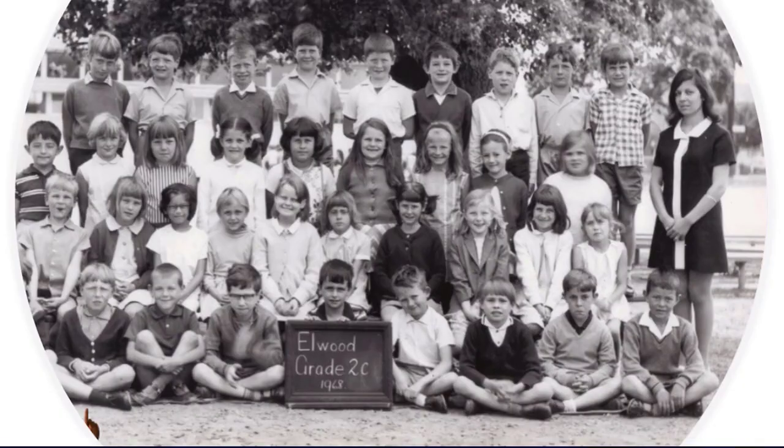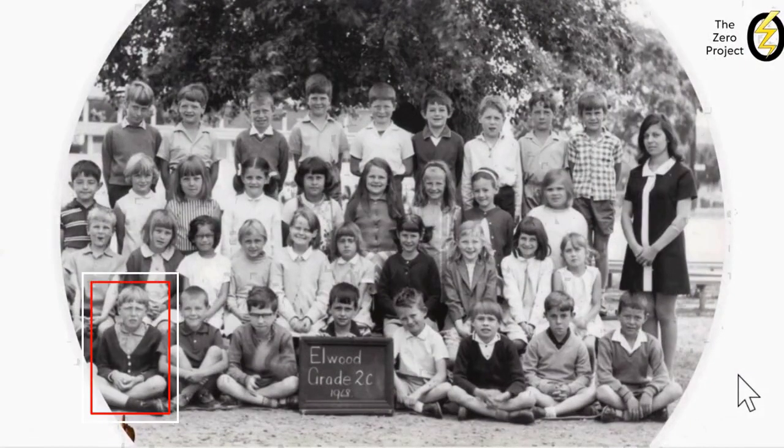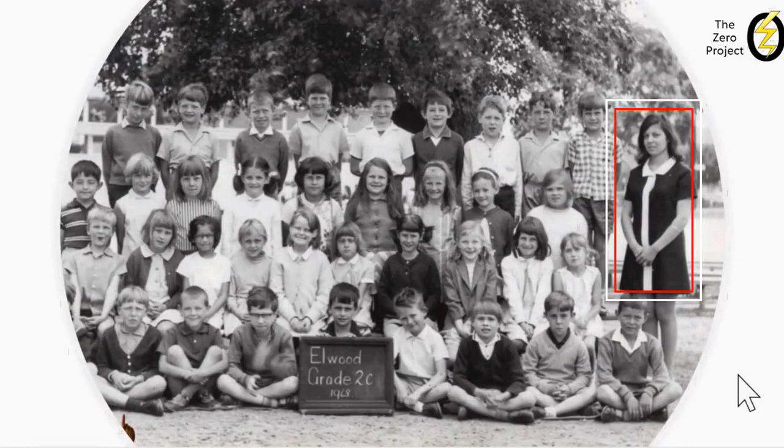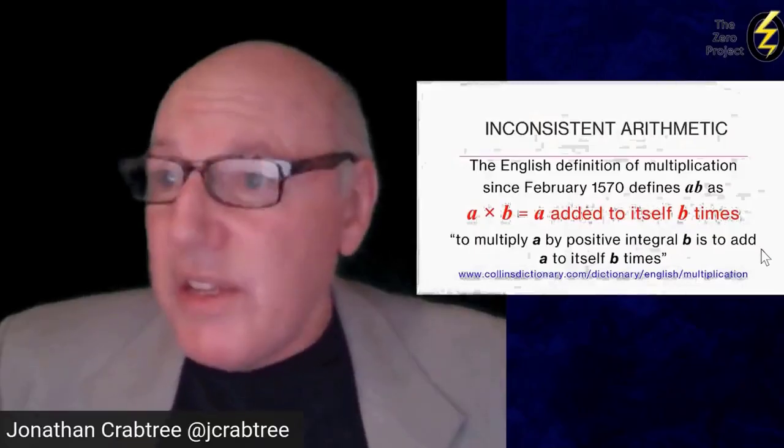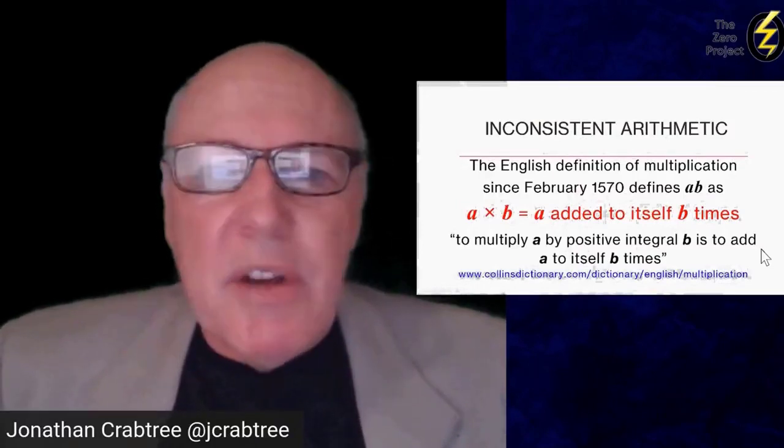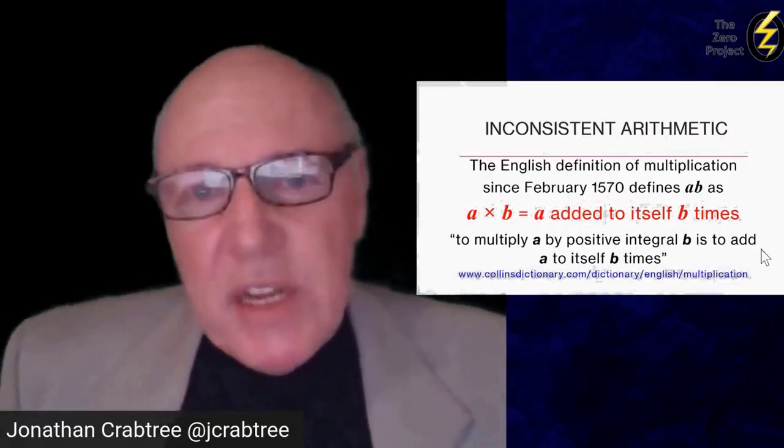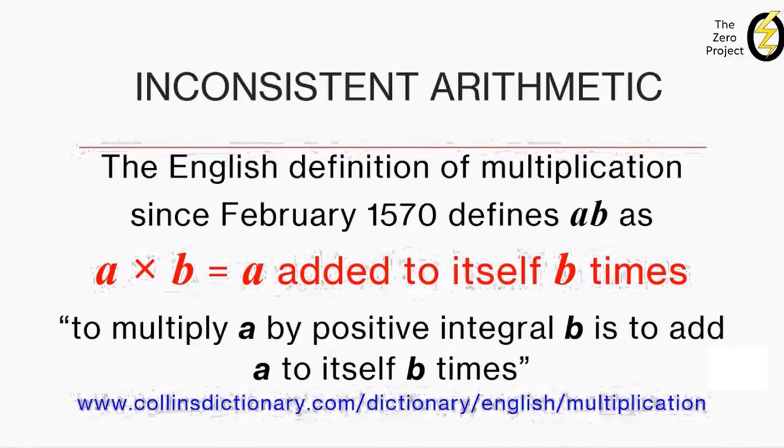This is me in grade 2 in 1968. I'm the child sitting in the front row on the far left-hand side. You can see on the right-hand side is my grade 2 teacher with whom I argued about zero when I was age 7. I noticed that the English definition of multiplication that my teacher had quoted defined AB as A multiplied by B equals A added to itself B times.